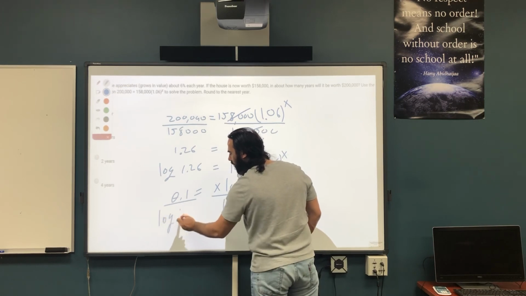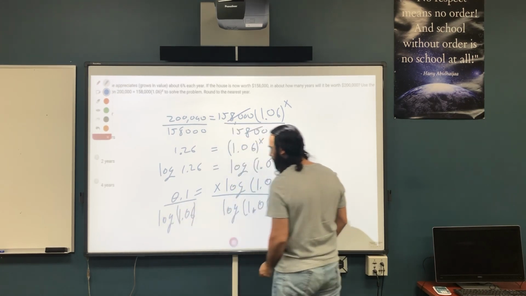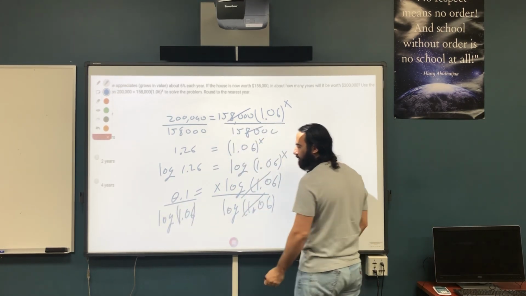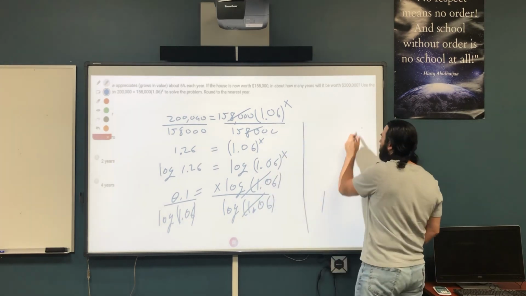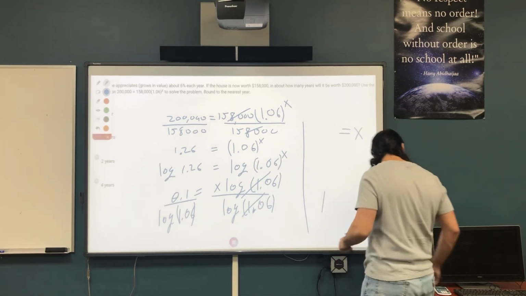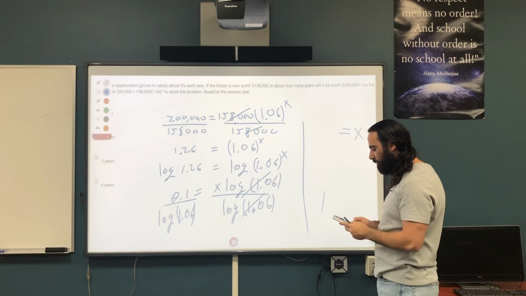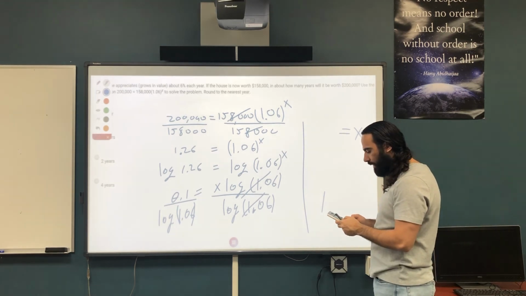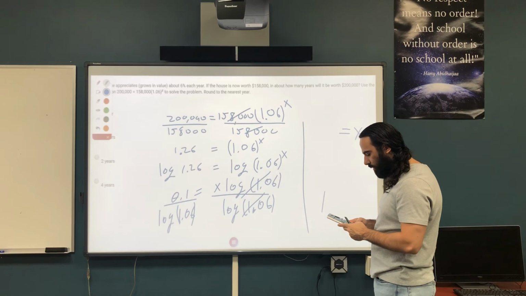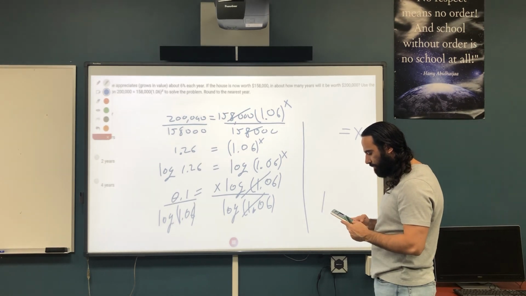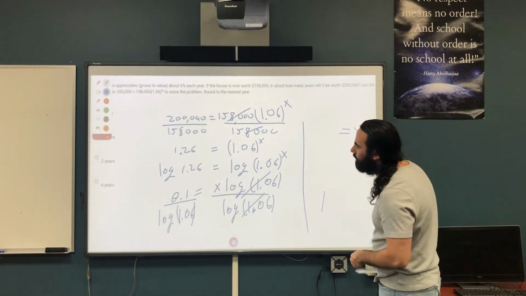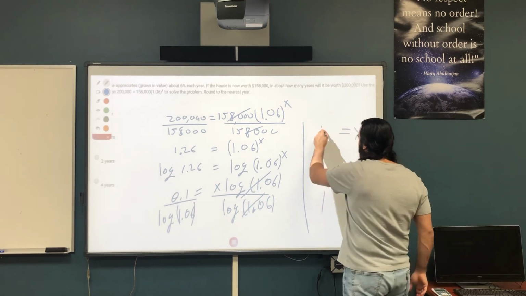The log 1.06 cancels out. I'm left with x equals 0.1 divided by log 1.06. And it's about 4 years.